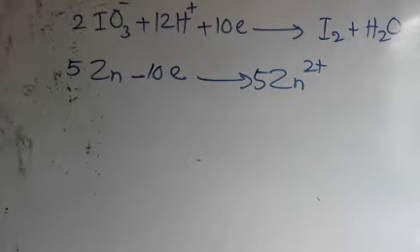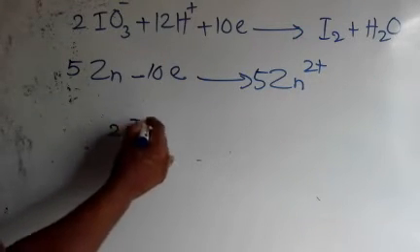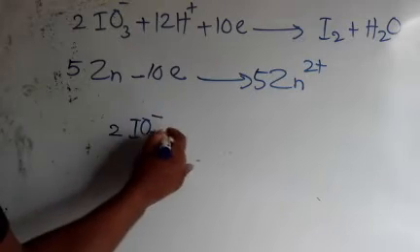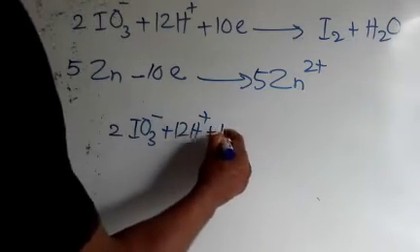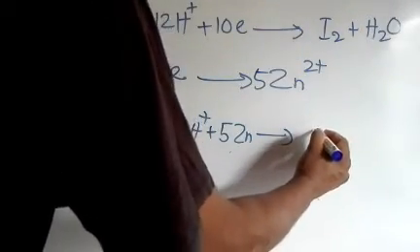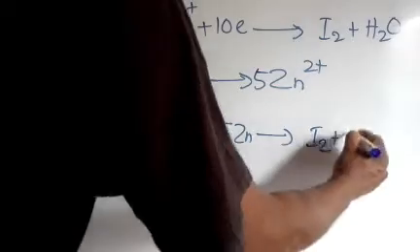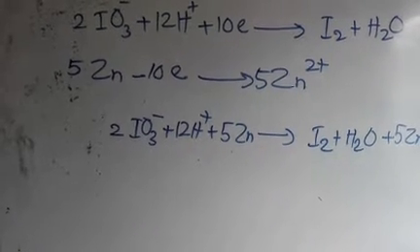So collectively we can write this as 2 iodide ions plus 12 hydrogen ions plus 5 zinc atoms, this side, iodine, water and 5 zinc ions. So that will be the balanced ionic equation of the reaction.